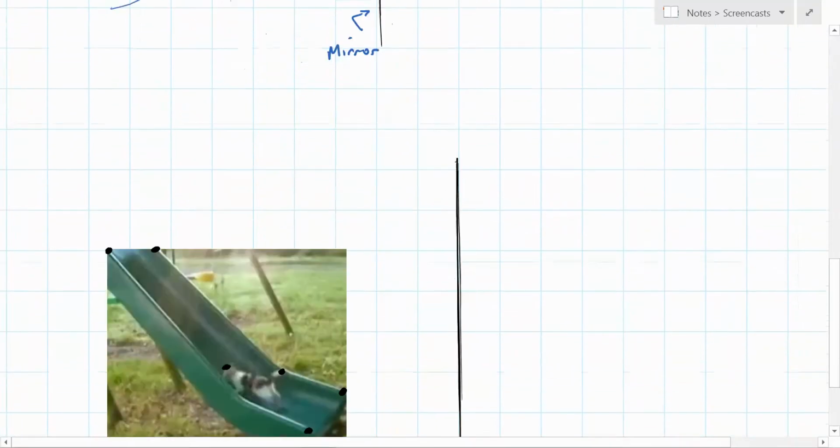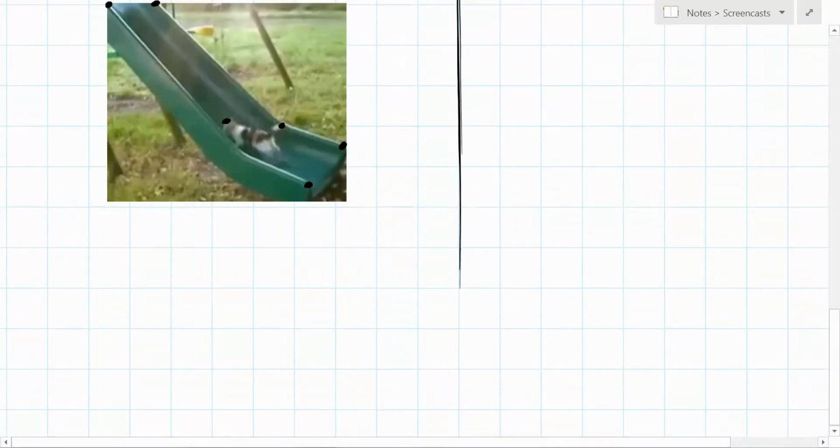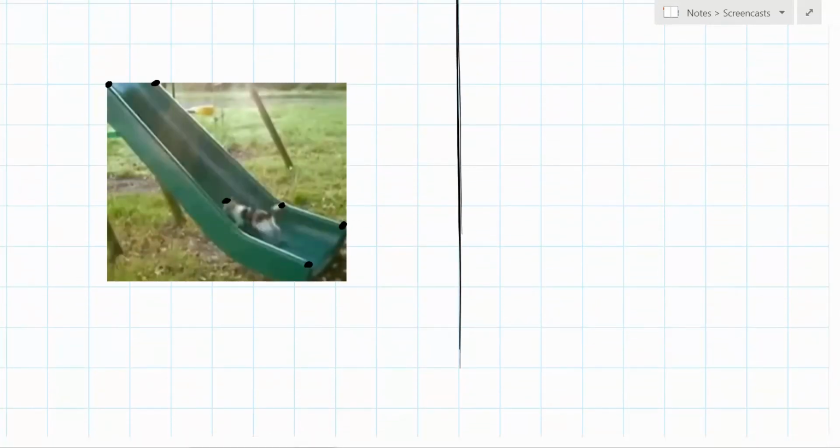Let's look at one more example. Here we have a cat on a slide. We want to go through and just try to locate these points one by one. We're going to try really hard to do it well. Alright.